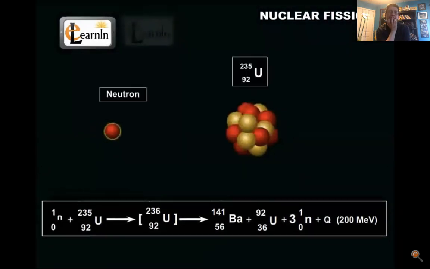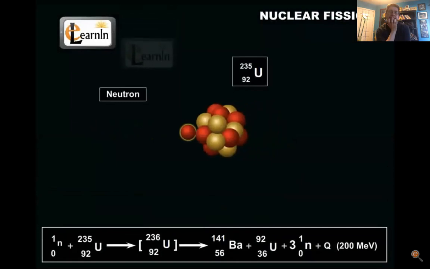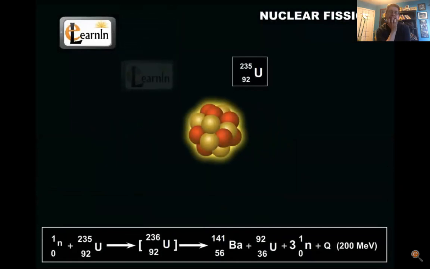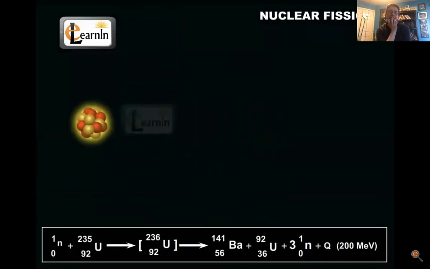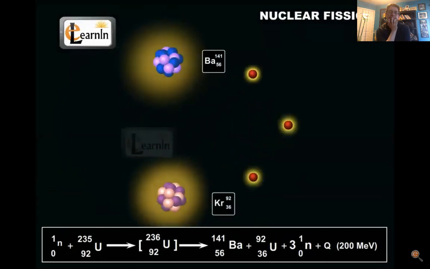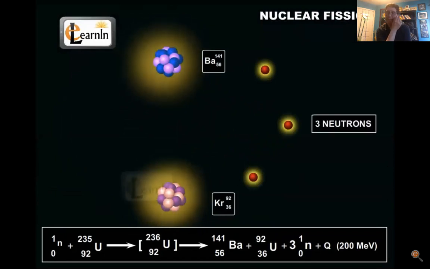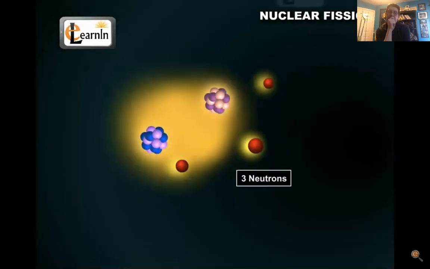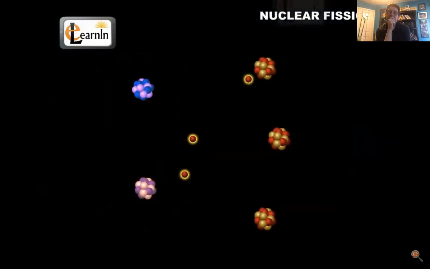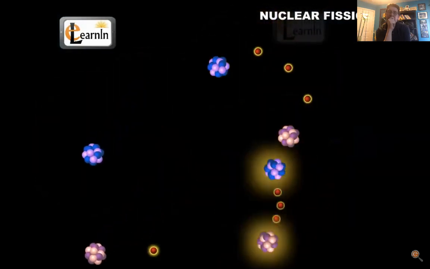So as you can see from the equation, 1 neutron combines with uranium-235, forming an unstable compound nucleus, uranium-236. This unstable nucleus splits into 2 stable nuclei, barium-141 and krypton-92. In addition to these 2 nuclei, 3 neutrons are also emitted, as well as a high amount of energy, denoted in the equation by Q. Since uranium-236 emits 3 neutrons in the reaction, these neutrons can be absorbed by other uranium-235 nuclei, resulting in a chain reaction.